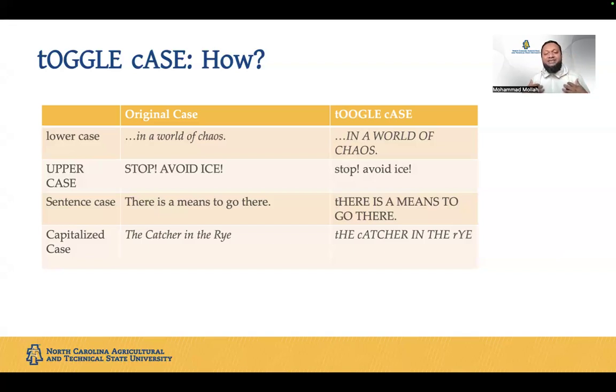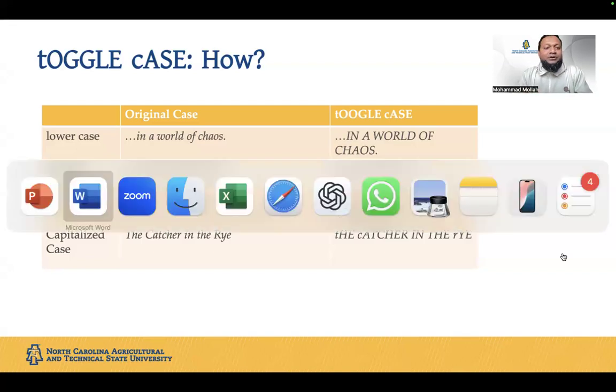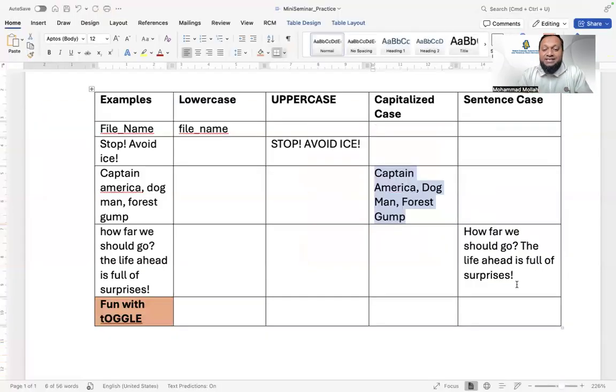I found myself, I don't understand. It seems to me a very new language. So toggle is a very funny thing that you can also try in non-formal communication and funny conversation.